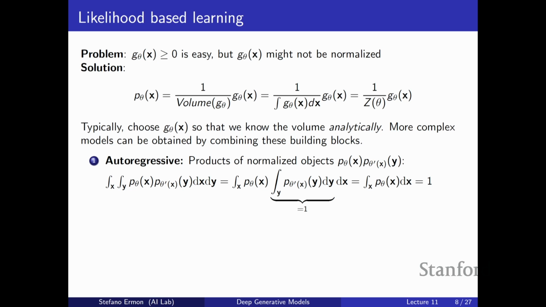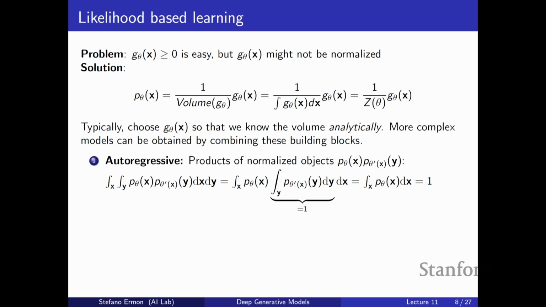This would be one setting where this would show up if you have an autoregressive model, where, let's say, p theta of x is a Gaussian, so here theta could be the mean and the standard deviation, and the distribution over the second variable or the second group of variables is again a Gaussian, where the parameters of the Gaussian, theta prime, are allowed to depend on x. For example, you compute the mean and the standard deviation as a function of the previous variable in the ordering, then you have an object that is guaranteed to be normalized by design.